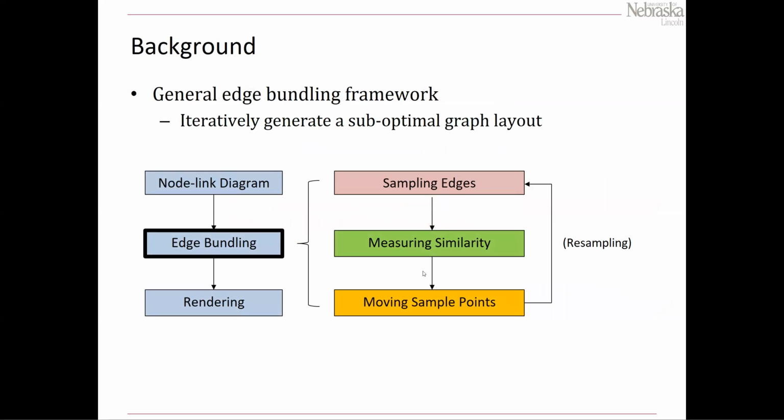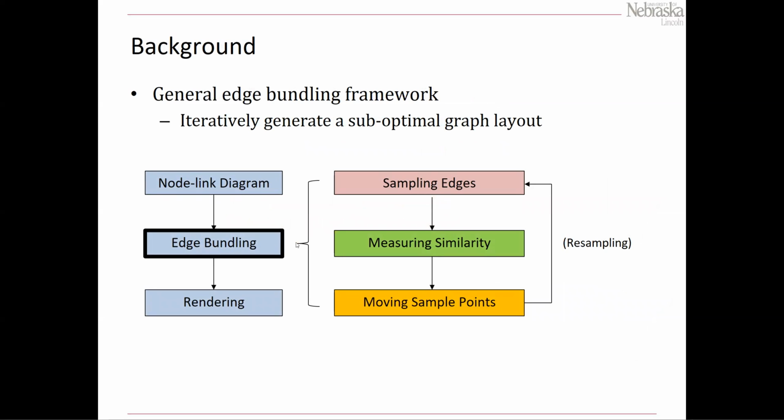Okay, so to address these challenges, let me first revisit the general edge bundling framework. The framework typically starts from the node-link diagram, our traditional straightforward visualization, and then goes through the edge bundling process. The third step is to render the edge bundling result.